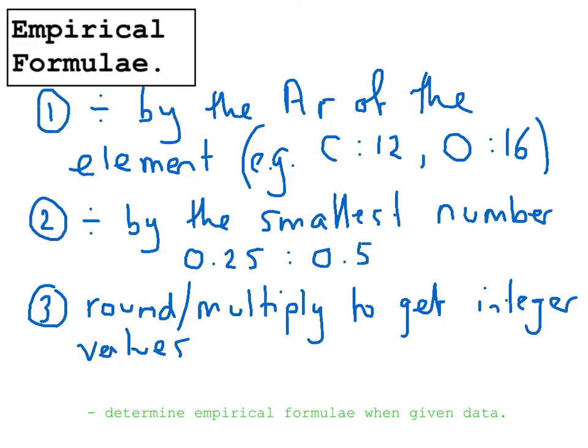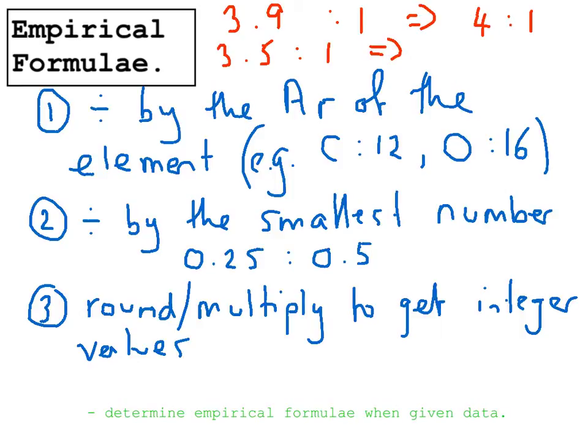So for example, if you ended up with a ratio of 3.98 to 1, that would round, quite obviously, to 4 to 1. However, if you got 3.5 to 1, then you wouldn't round this time because it's not appropriate.